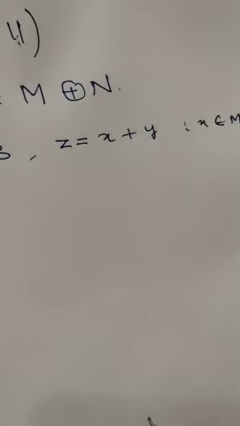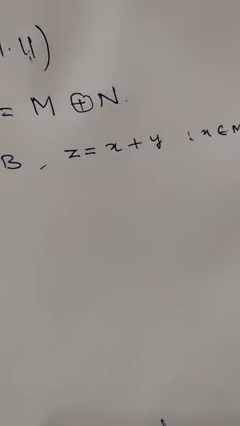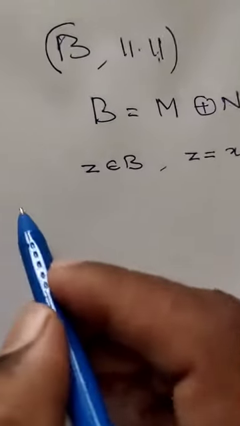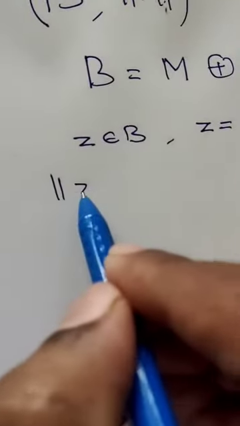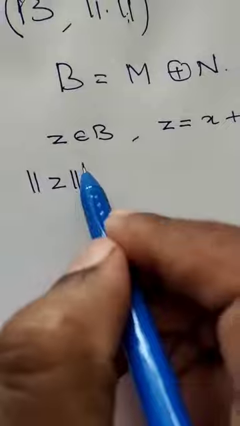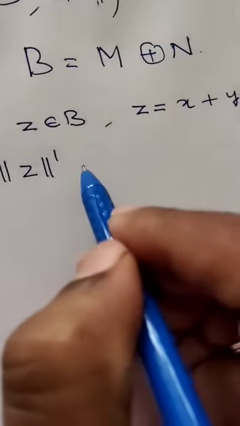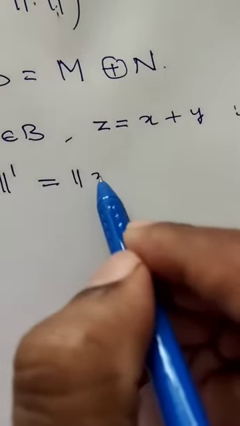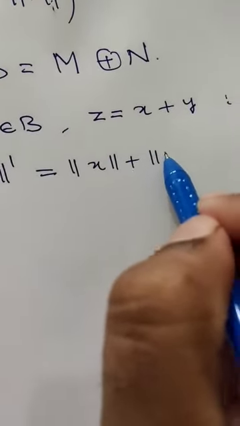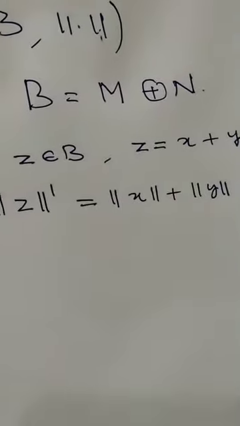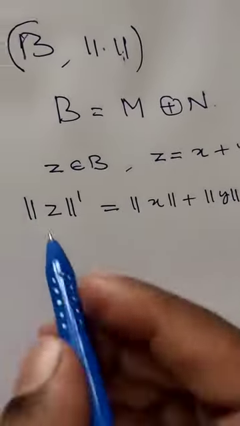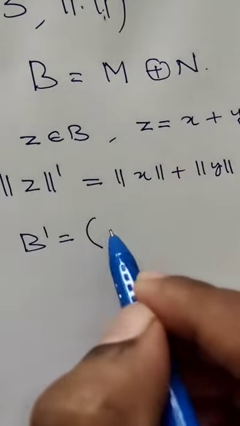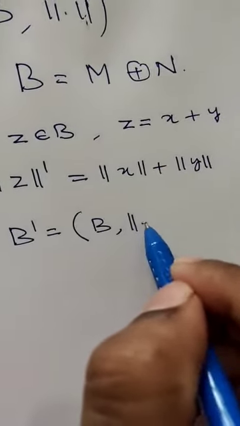Now if I define a new norm on the linear space B, norm of Z dash, which is defined as norm of Z dash equal to norm of X plus norm of Y, then B dash is the same set B with the new norm.